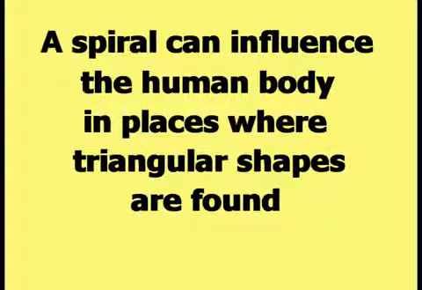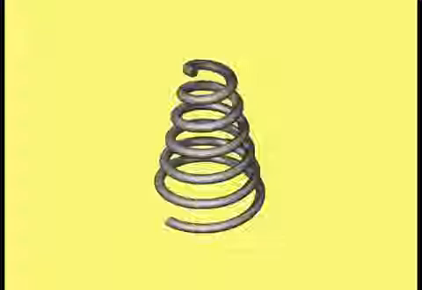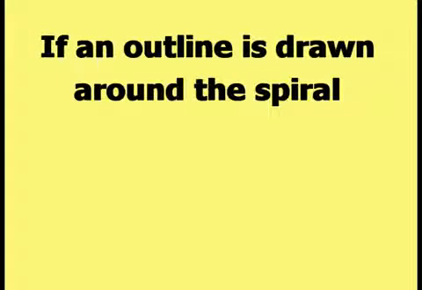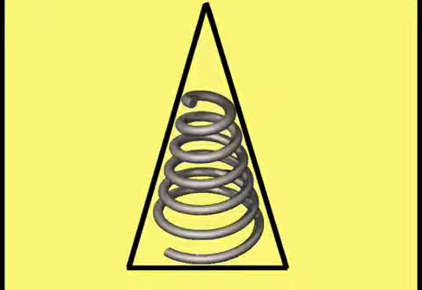A spiral can influence the human body in places where triangular shapes are found. This picture shows a two-dimensional profile view of the example changing diameter spiral with one smaller end and one larger end. If an outline is drawn around the spiral, the resulting shape is a triangle.